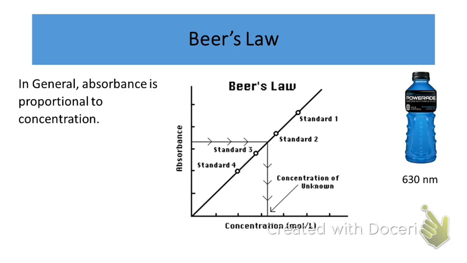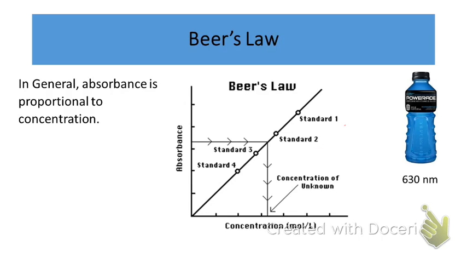So what we're going to do is have some standard solutions with blue dye number 1 in it. All right? So we're going to have like 4 or 5 different solutions with blue dye number 1 in it that we know the concentration of. So simply, we're going to graph.